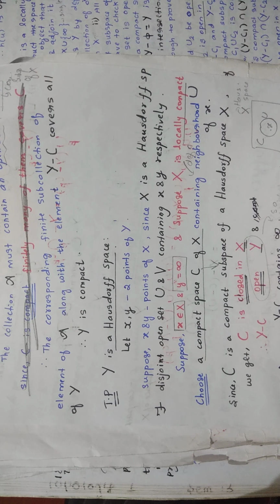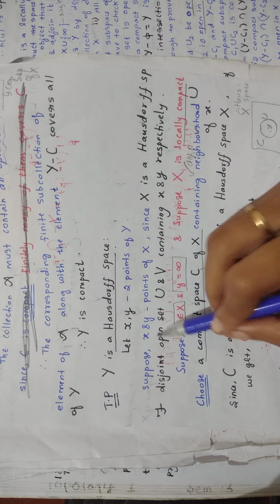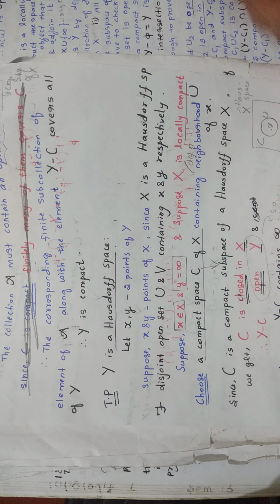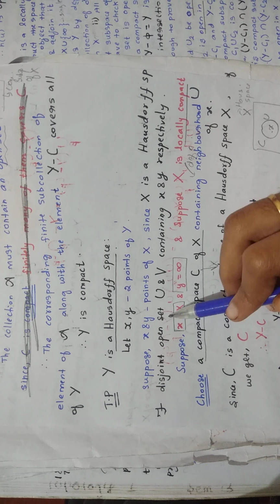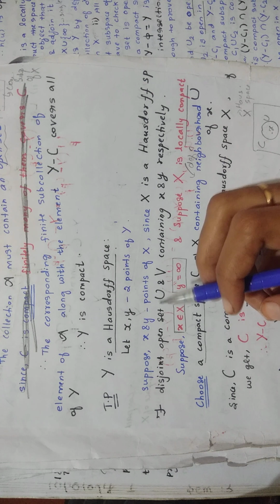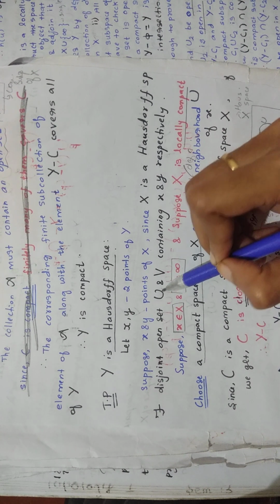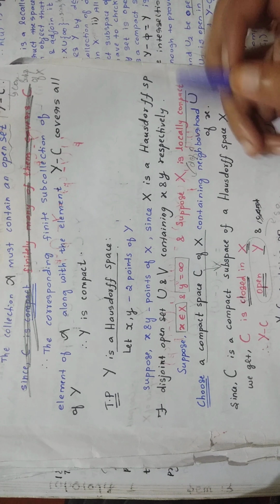Since x is a Hausdorff space, it satisfies the condition: there will be 2 points in x whose neighborhoods are disjoint. So suppose x and y are points of x. X is a Hausdorff space means there exist disjoint open sets or neighborhoods. Neighborhood and open set are the same. Disjoint open sets u and v, that is, for x the neighborhood is u, for y the neighborhood is v. That's what we are writing.